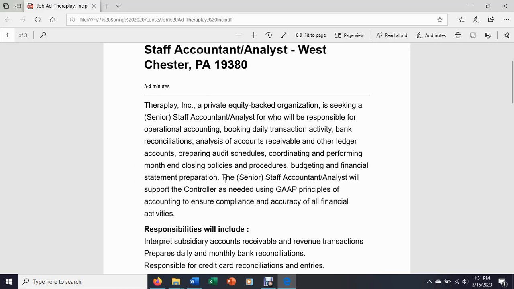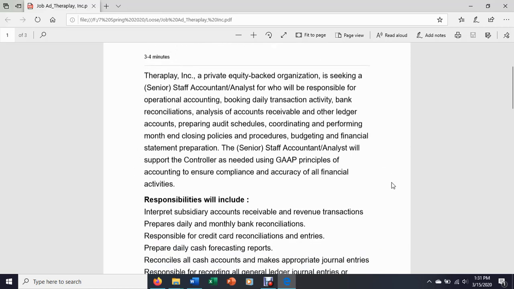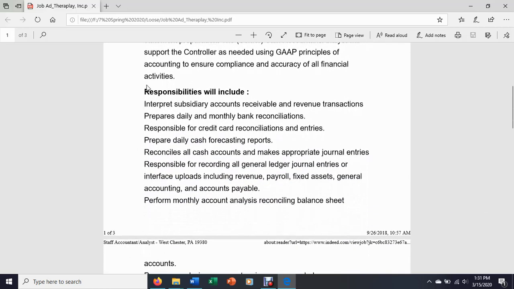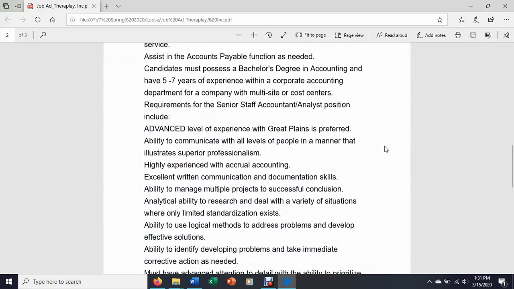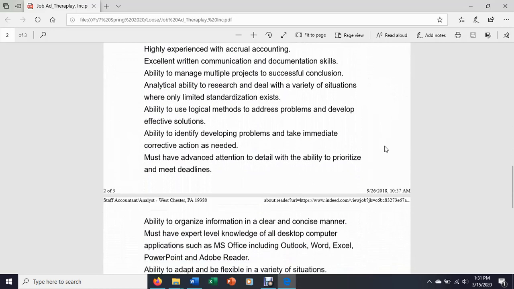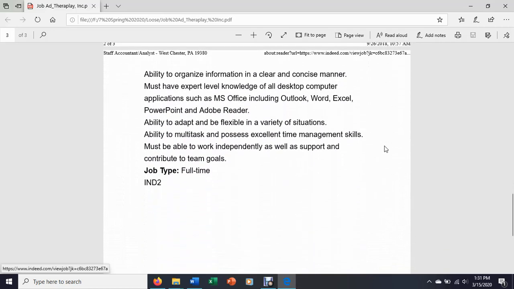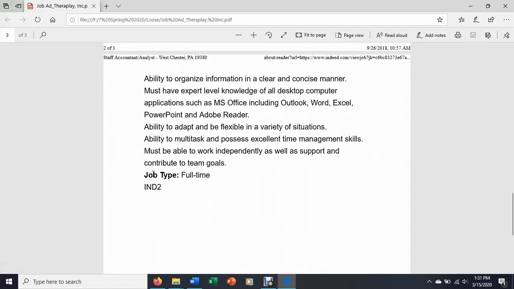So once you've looked through the job description and attempted to figure out whether or not you're likely to be a good candidate, there's often a list of job responsibilities. That's pretty important, but I want to skip over that just for the moment, because typically down at the bottom of job ads, you have some information about the job itself.